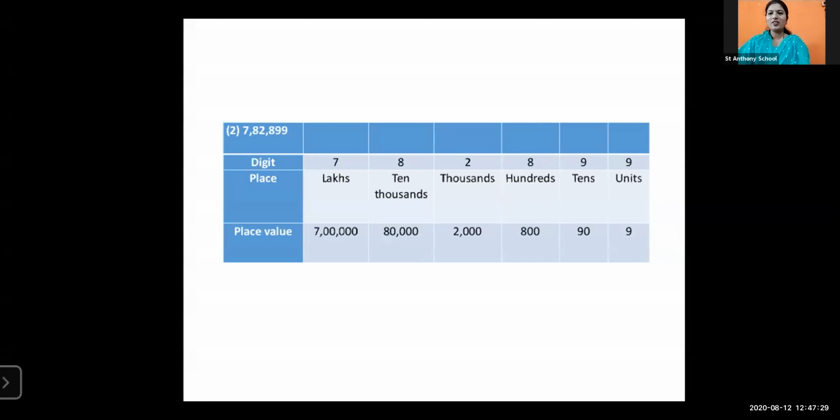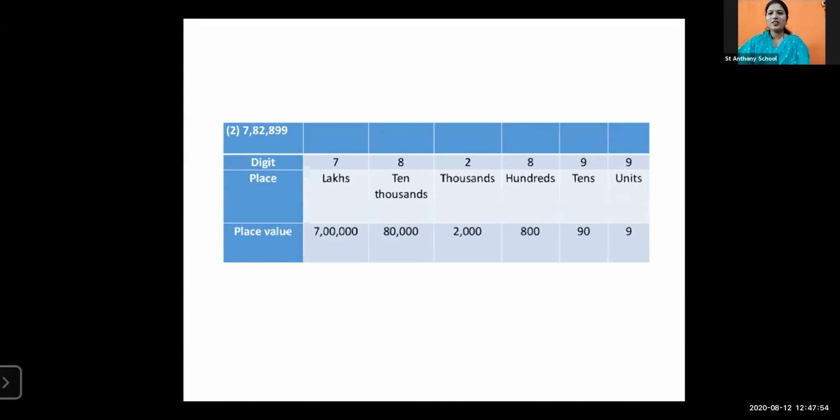First 9 from the right hand side, that is having the unit place. Then next 9, it is having the 10 place. Then 8 having the 100 place. Then 2 is having the 1000 place. Then 8 having the 10,000 place. And the last digit 7 is having the lakh place.